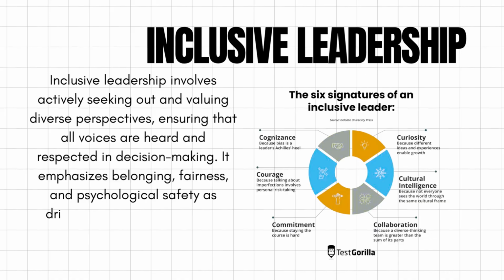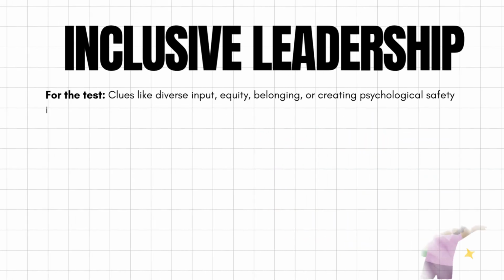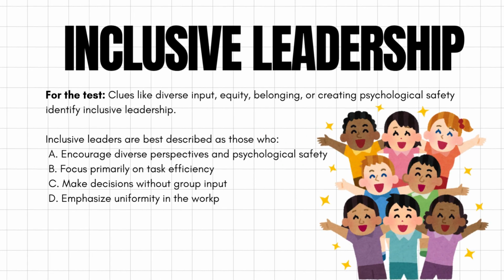They demonstrate empathy, actively listen, foster collaborative environments where everyone feels safe to share ideas, and they empower individuals. For the test, clues like diverse input, equity, belonging, or creating psychological safety, that's your clue to inclusive leadership.